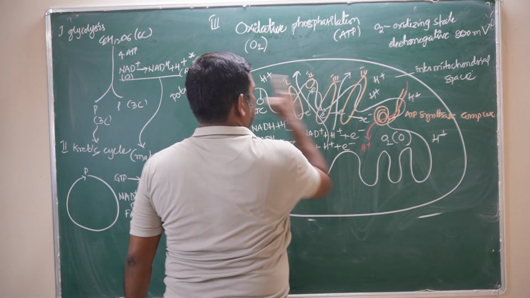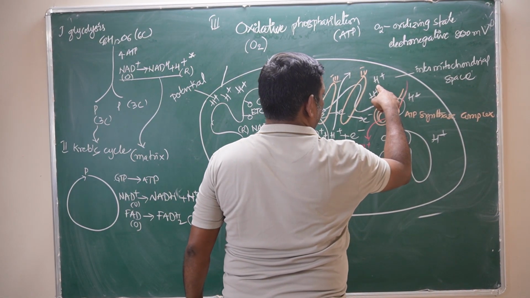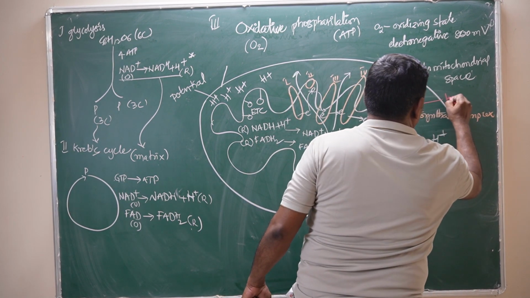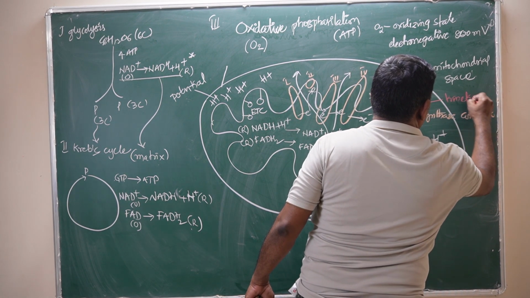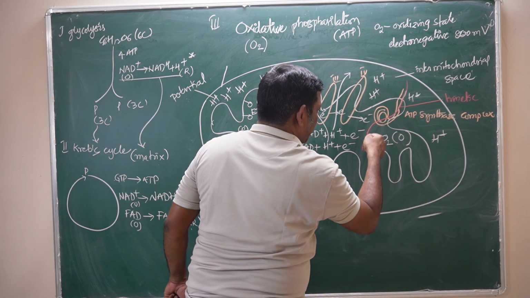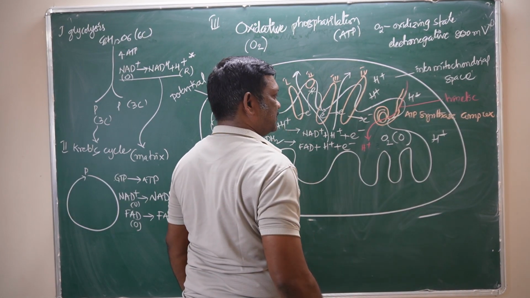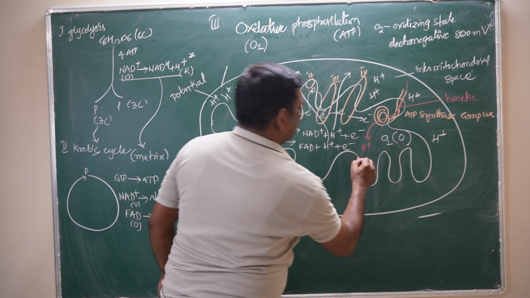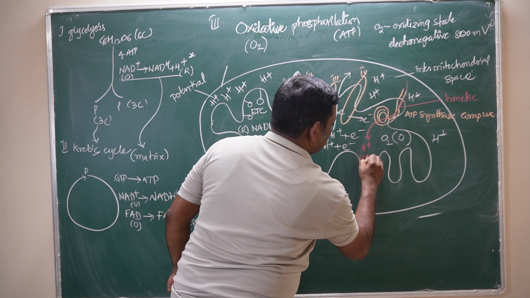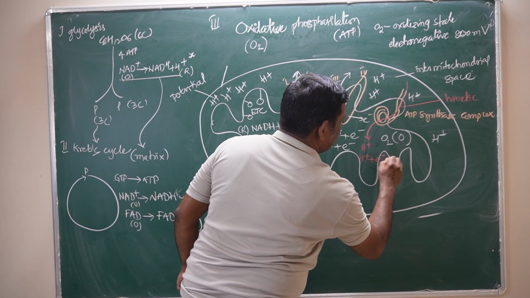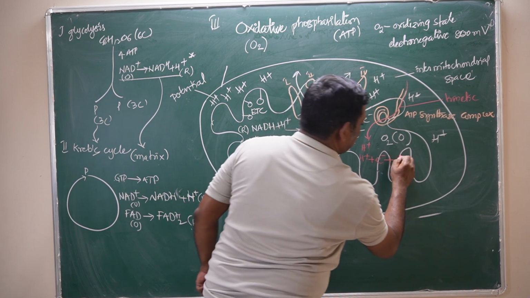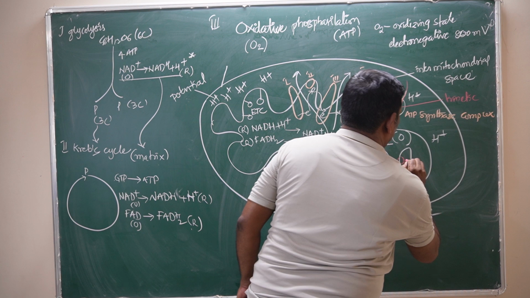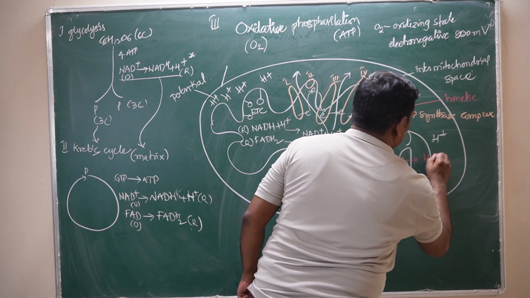The potential energy present in the protons is converted into kinetic energy while the protons are moving into the mitochondrial matrix. Then what happens in the mitochondrial matrix? These protons combine with electrons and take one oxygen atom and form H2O.